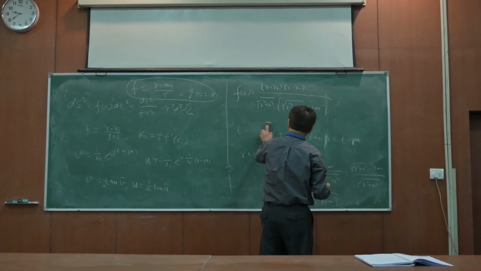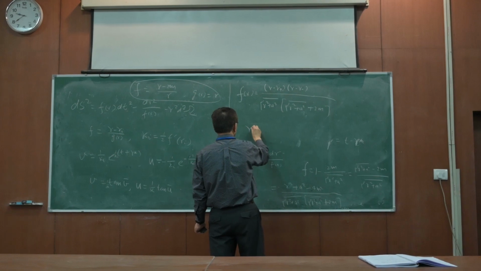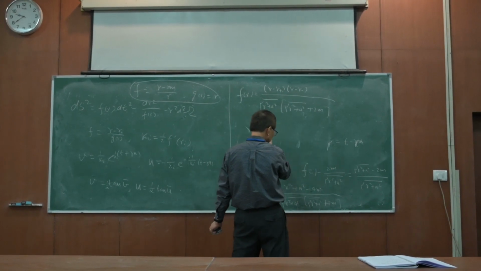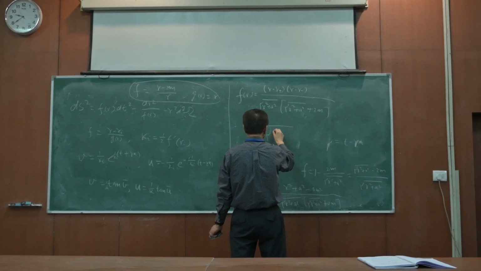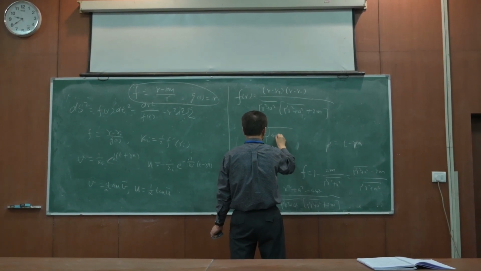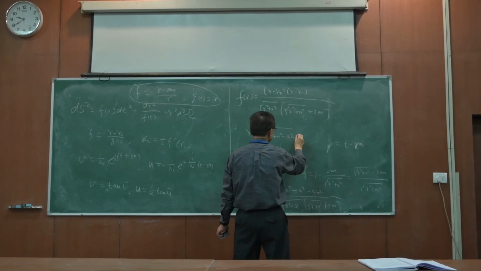So this is r plus minus, equal square root of plus minus 4m squared minus a squared, right?